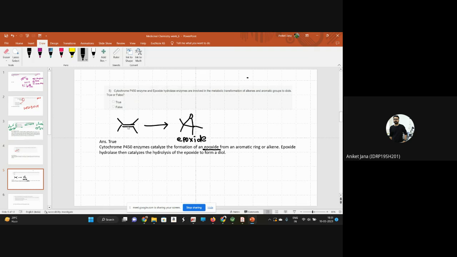So this is a characteristic of the alkene. When there is an alkene and some source of oxygen is there, then with this kind of mechanism, a three-membered cyclic ring is formed, and we call it the epoxide. Then epoxide hydrolase will take place.